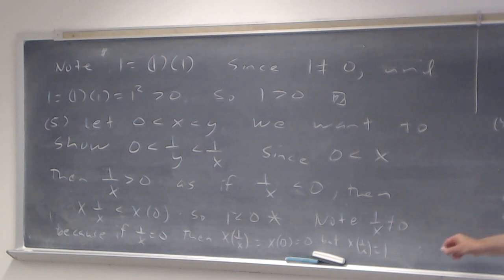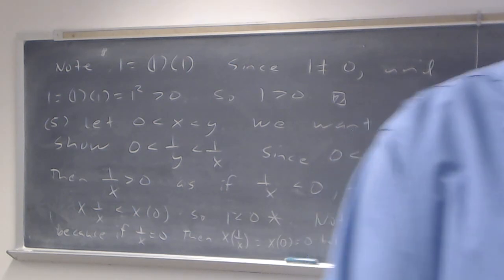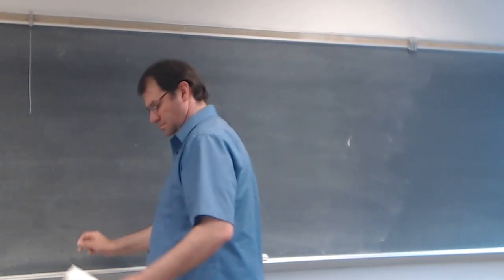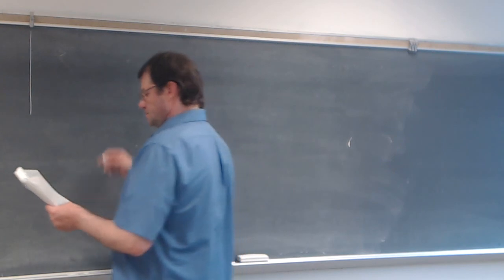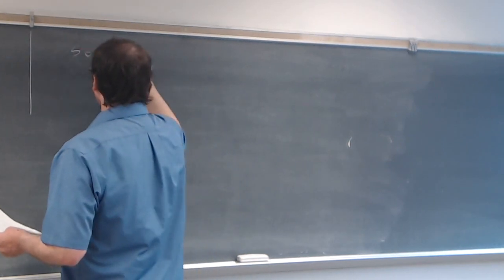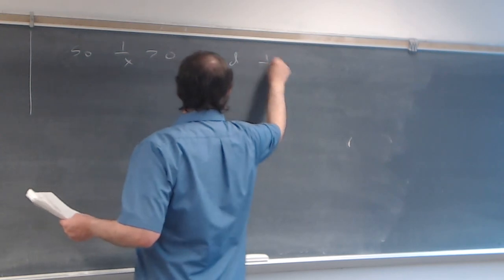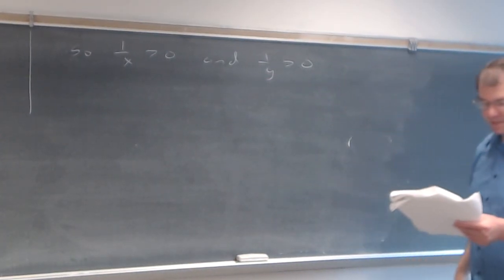So that tells me that 1 over x has to be greater than 0 if x was positive. And likewise, because y is positive, 1 over y has to be positive. Let me write that down. So what we have is that 1 over x is greater than 0 and 1 over y is greater than 0, or 0 is less than each one of these.